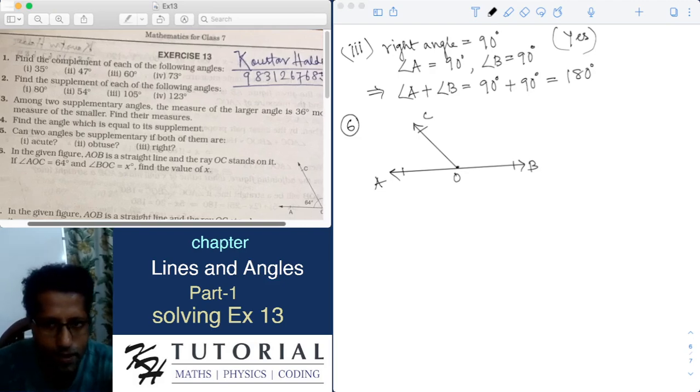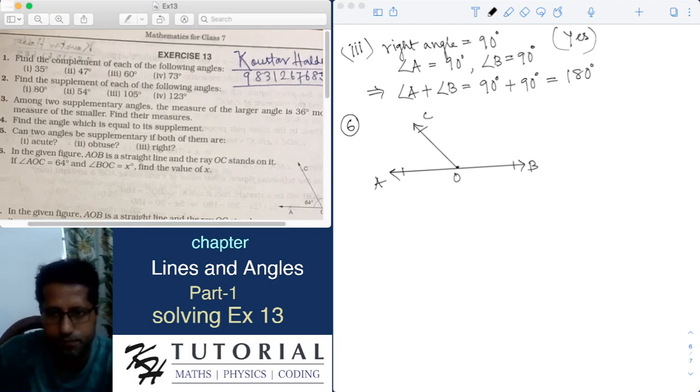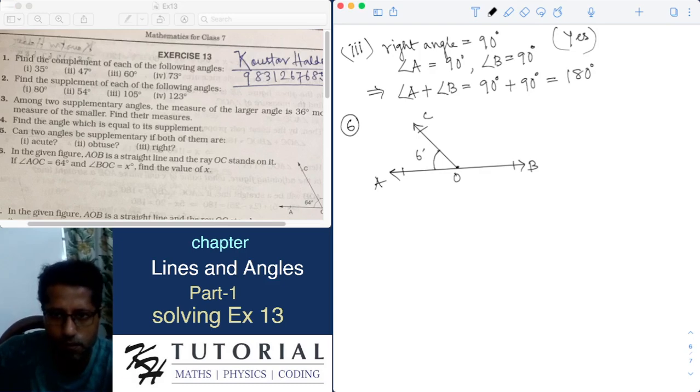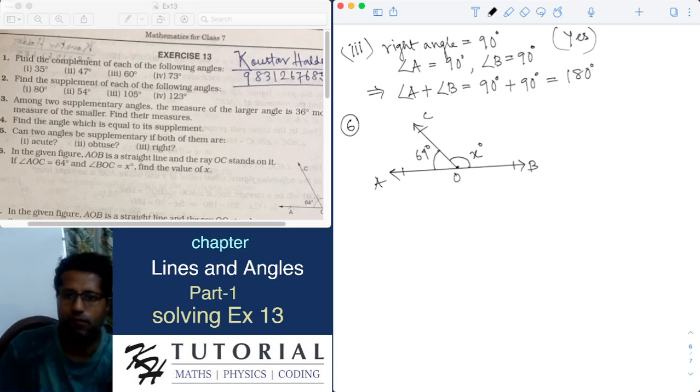If angle AOC is 64 degree, this angle is given to be 64, and angle BOC is given to be x degree. Find the value of x.